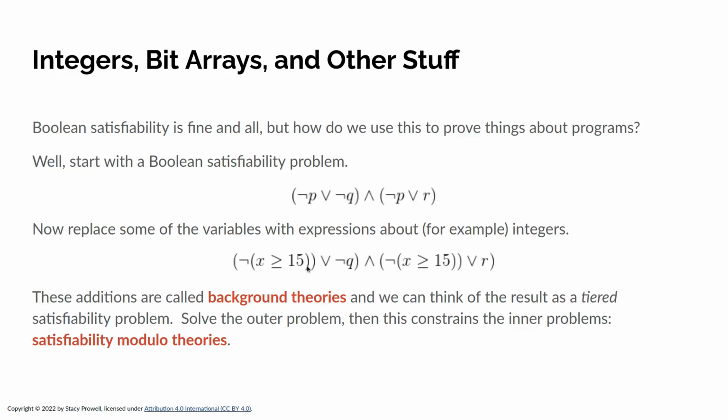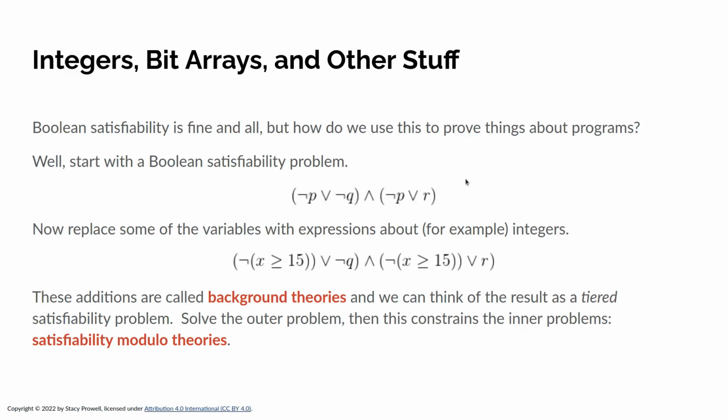In terms of finding a way to satisfy this, it'll tell us, do I need P to be true? If I do, then X has to be greater than or equal to 15. I have to choose an X that fits that criteria. Do I need P to be false? If I do, I have to choose an X that's less than 15. So this is telling me something.